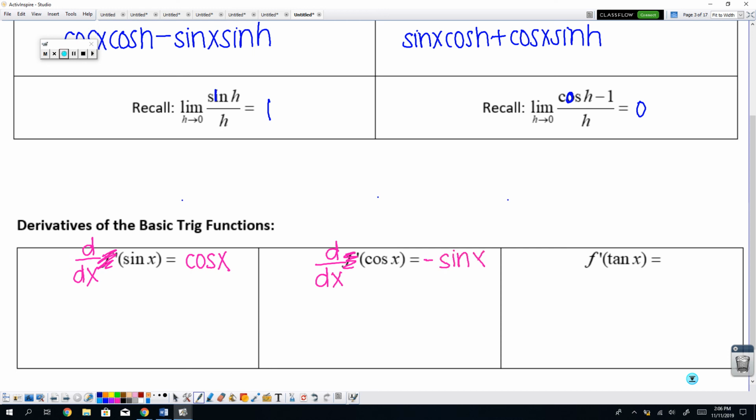That's what we just wrote. And then this one we actually did not go through and prove because for some reason Ms. Wise decided to put it here when it really goes in the quotient section, which we're about to learn. But that's okay. So the derivative of the tangent is secant squared x. So if they ask you for the derivative of tangent, you just replace it with secant squared x.